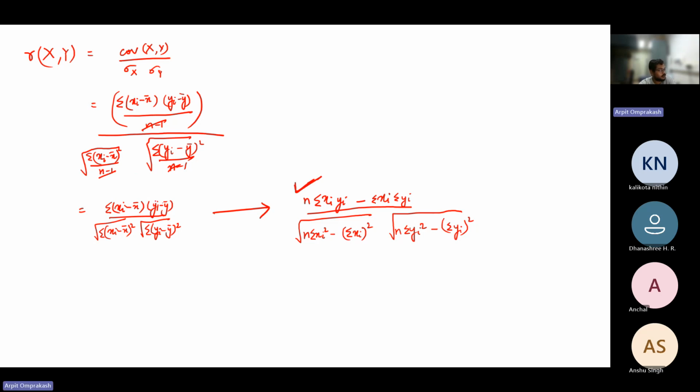Okay, so basically, once we have this formula, I'll just explain how this turns into this. We can basically expand it.